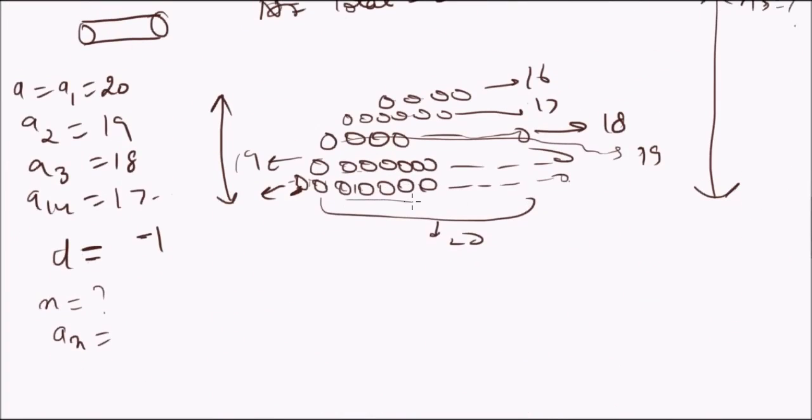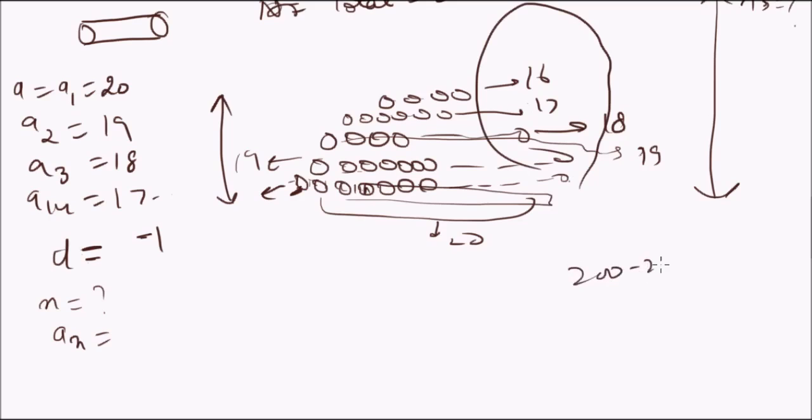If 20 are present in the lowest row, then the left logs in all these rows will be 200 minus 20, that is 180. So the point I want to make is that the total sum Sn, where n is the number of the last row, is nothing but 200.